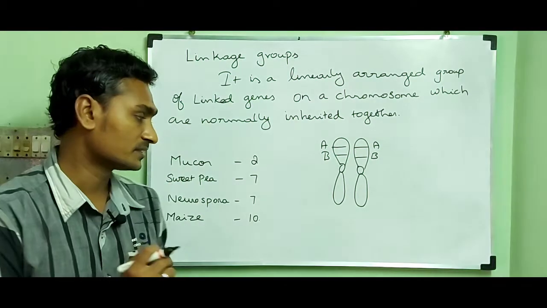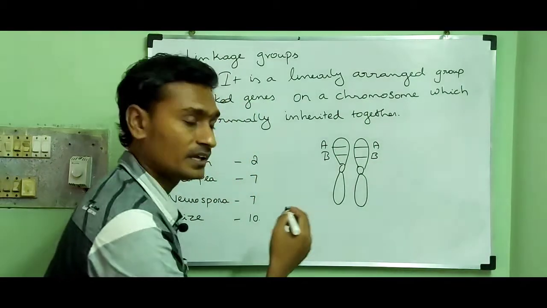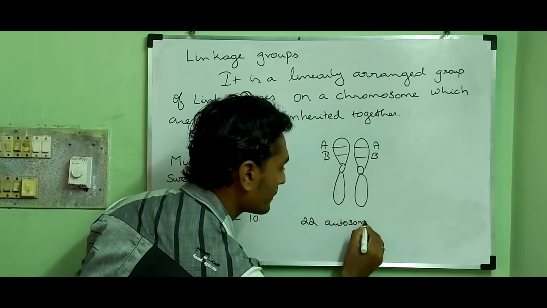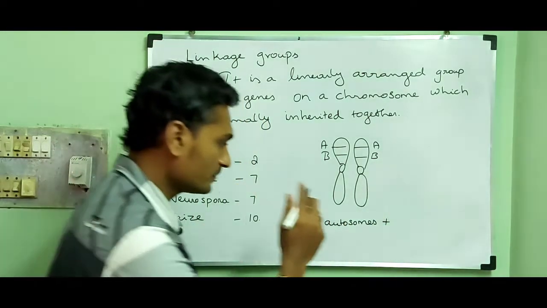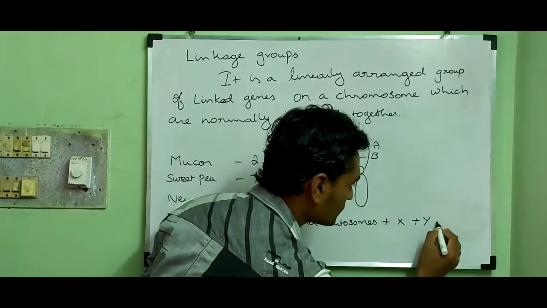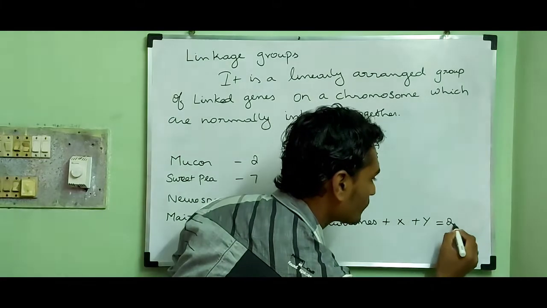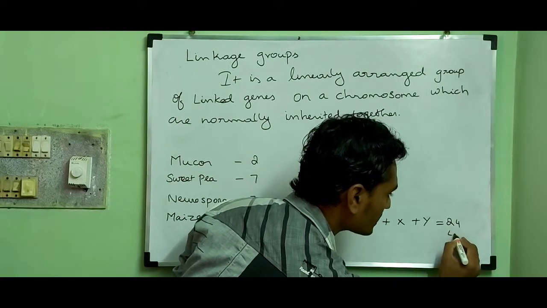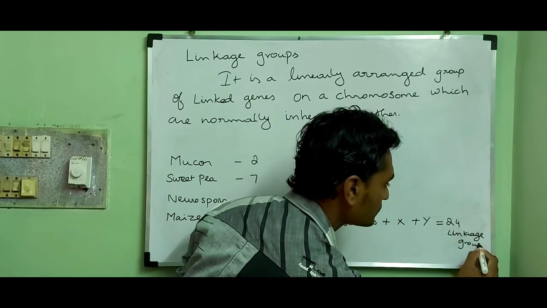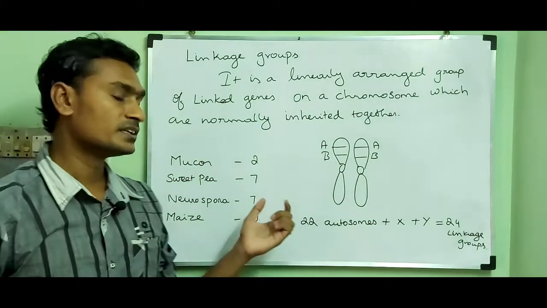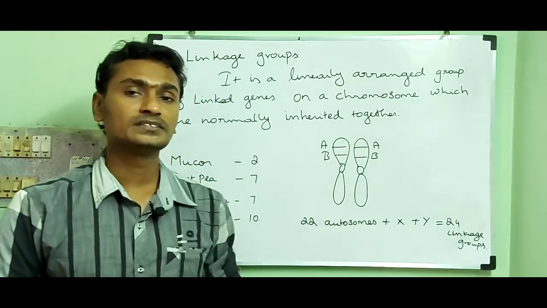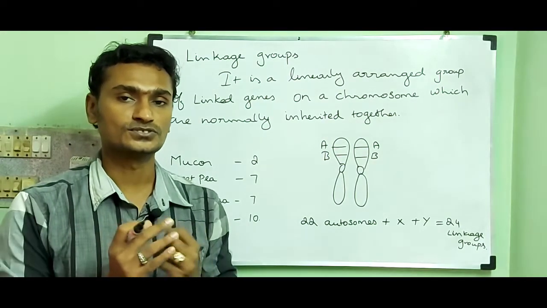I will explain that. In the human male, it contains 22 autosomes plus 1 X chromosome plus 1 Y chromosome. So the total is 24 linkage groups. So in the human male, the linkage groups are 24. Then another exceptional case is Drosophila.